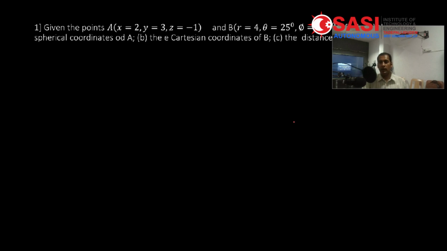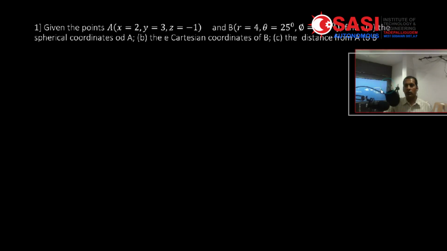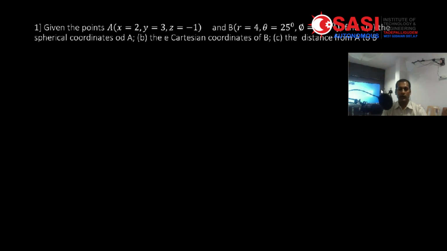Now let us see one example. So here we have one example where two vectors are given. So vector A, x is equal to 2, y is equal to 3 and z is equal to -1, and B is equal to, say, r equal to 4, say theta is equal to 25 degrees and phi is equal to 120.